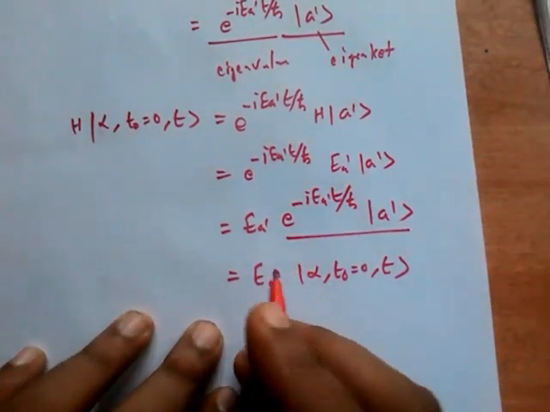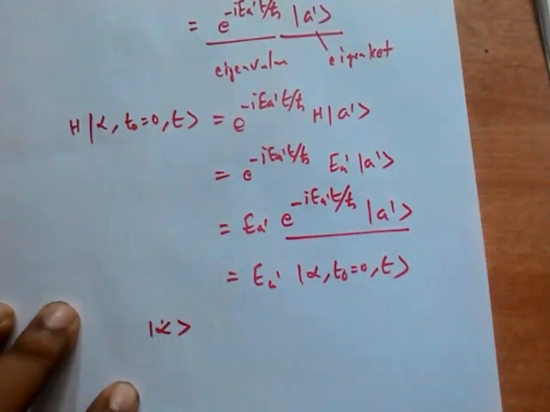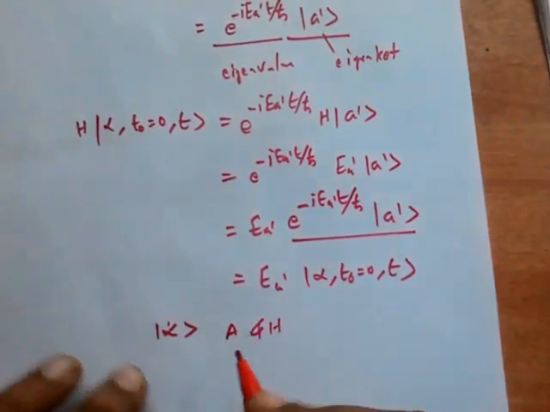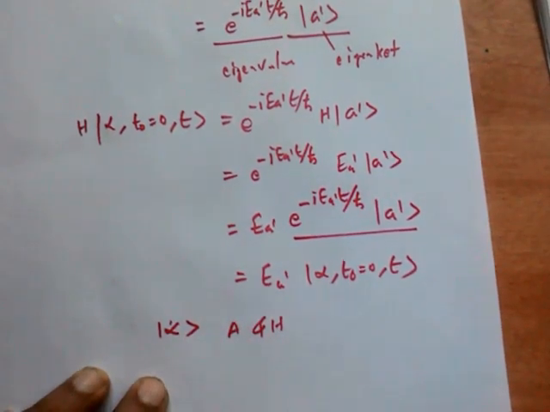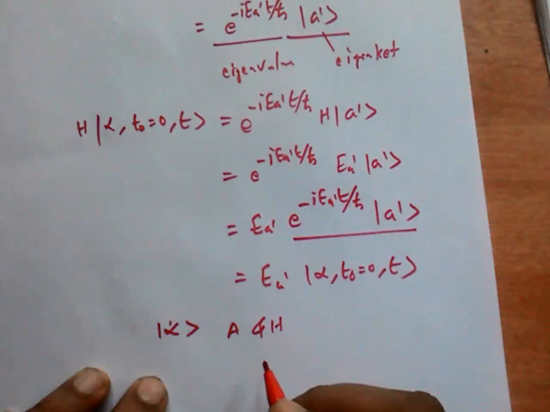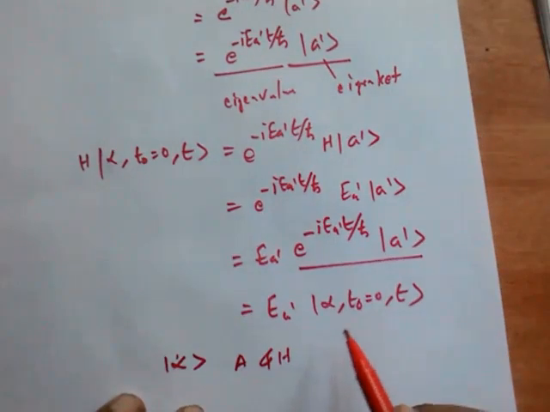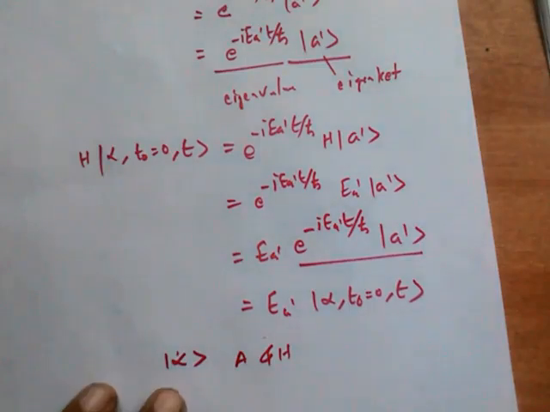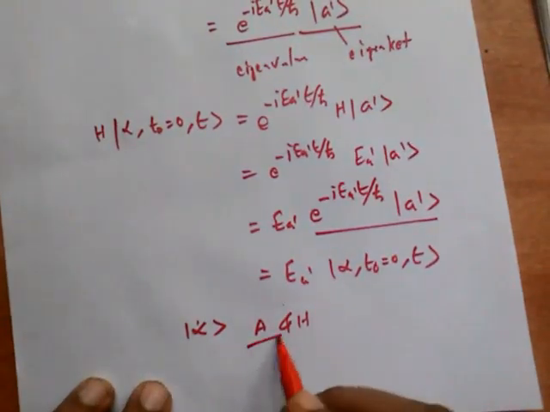That means if at the initial time alpha is the simultaneous eigenket of A and H. Actually, at the beginning of this topic, we have taken alpha as the simultaneous eigenket of A and H. And if at the initial time alpha is the simultaneous eigenket of A and H, it remains so at all times. Okay, after time t also, alpha is an eigenket of H at time t, and alpha at time t is an eigenket of A also.